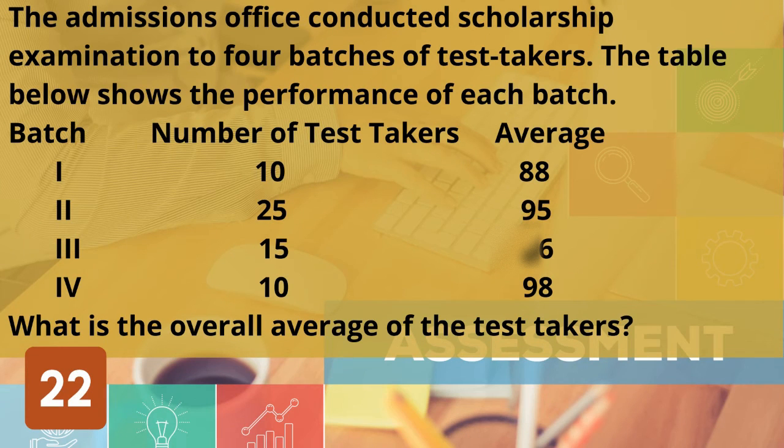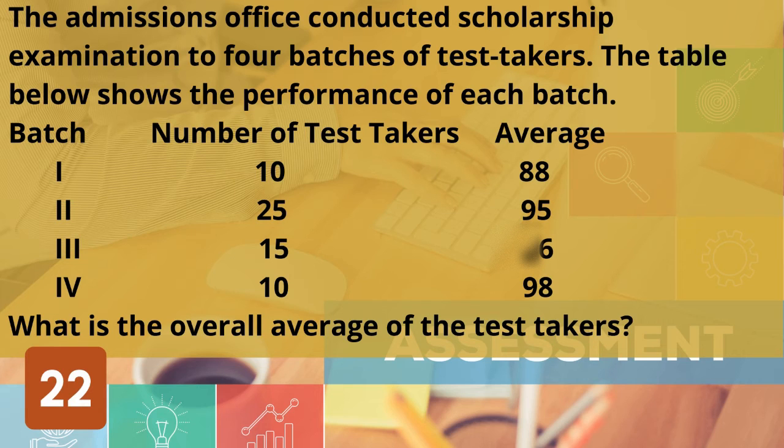Number 22. The admissions office conducted a scholarship examination to 4 batches of test takers. The table below shows the performance of each batch. Batch 1, we have 10 takers with an average of 88. Batch 2, we have 25 takers and their average is 95.